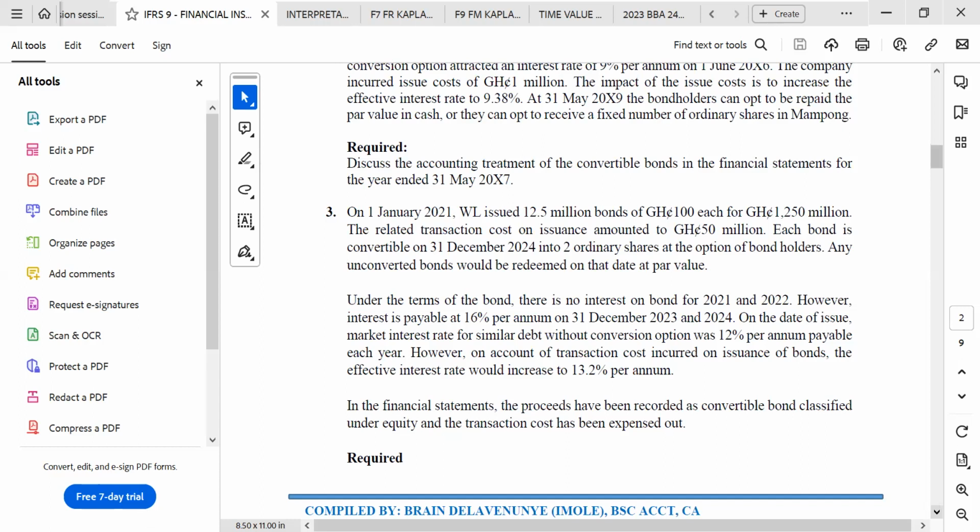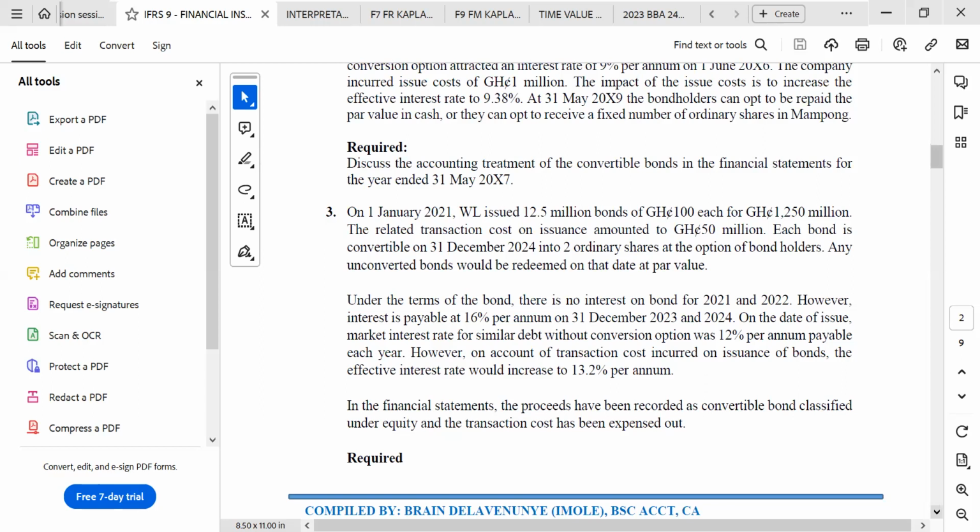The related transaction cost on issuance amounted to 50 million. Each bond is convertible on 31st December 2024 into 2 ordinary shares at the option of bondholders. Any unconverted bond will be redeemed on that date at par value.